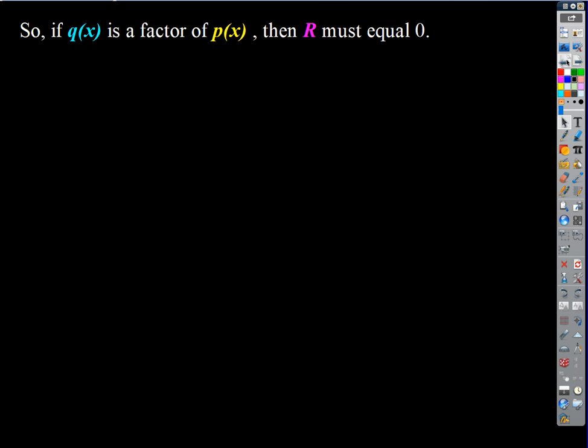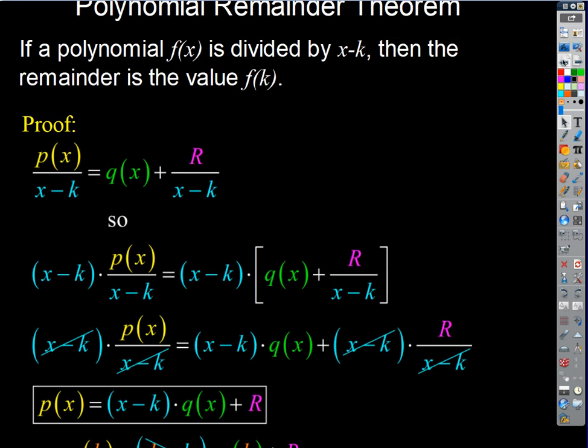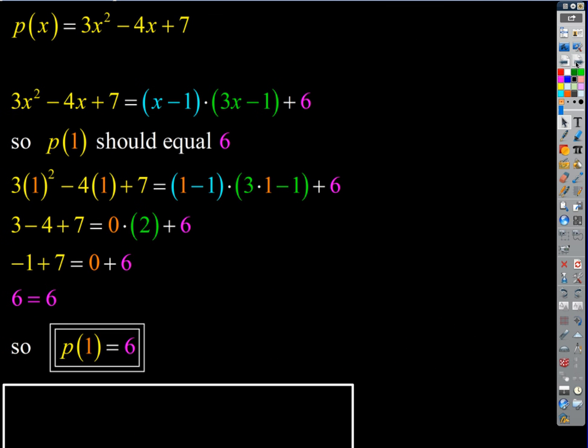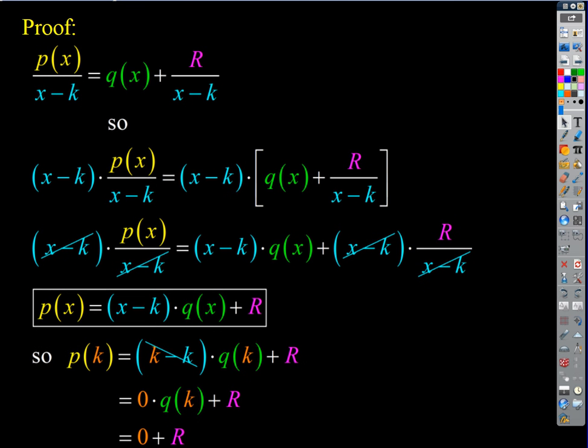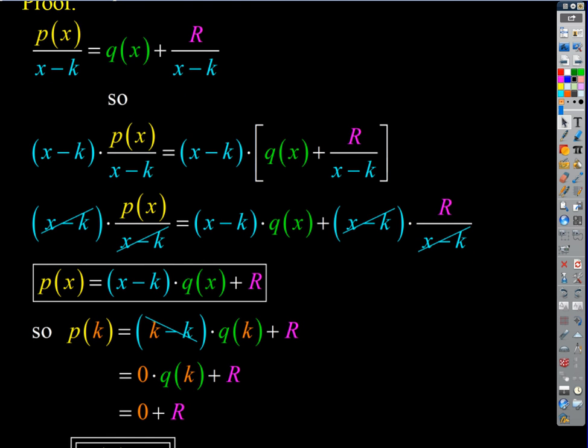So we could go through a more general proof where we didn't specify, like we looked at the example where we picked the value x equals 1 because that's the 0 of this factor, right? Well, let's not do that. Let's just make it totally general. If we know that dividing p of x by x minus k is always going to give us this quotient that we get from synthetic division plus the remainder, right?